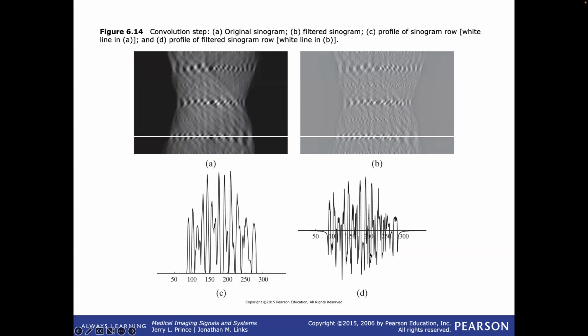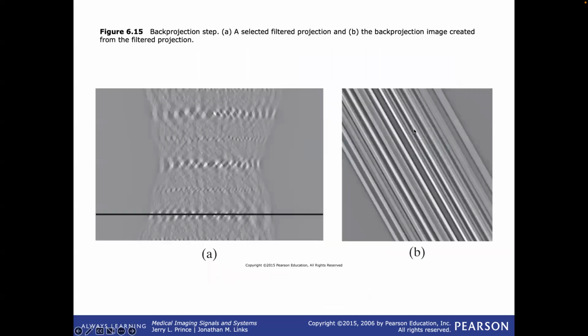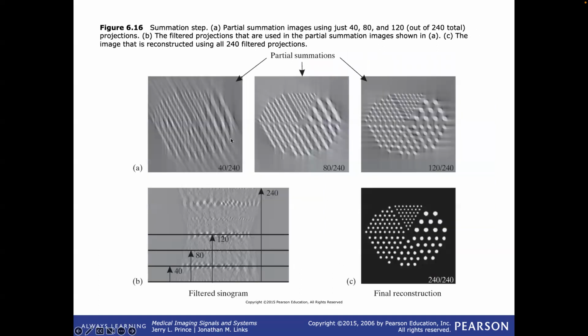So now we've got this plus and minus function, and we project these back. And lo and behold, after projecting back more and more views, we get back our original function instead of something that has blobs here with large foggy edges.